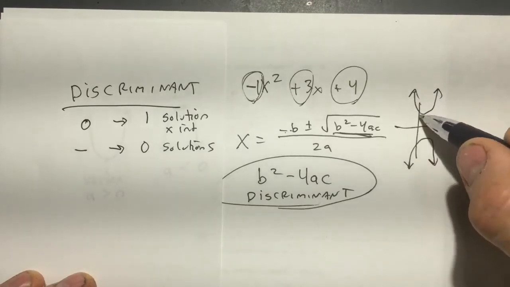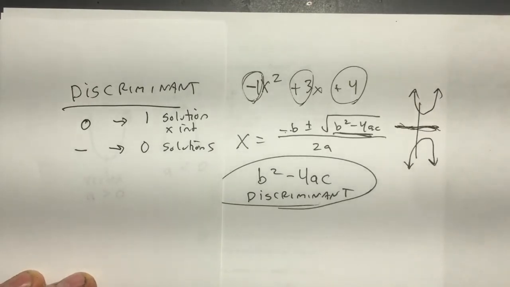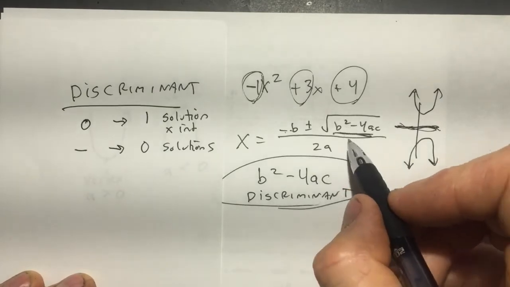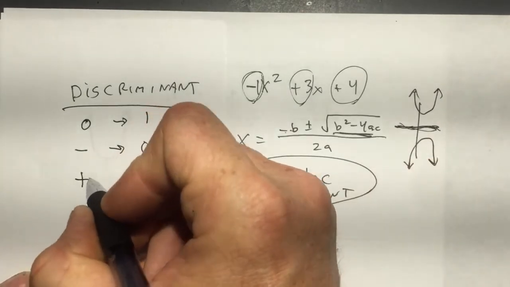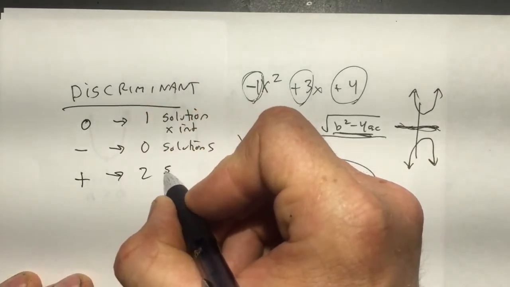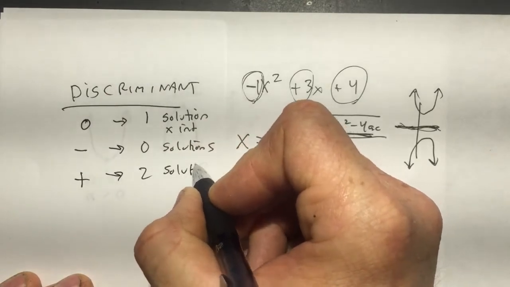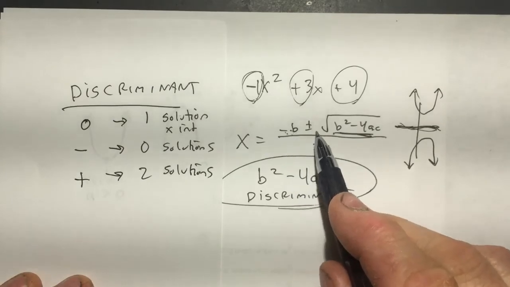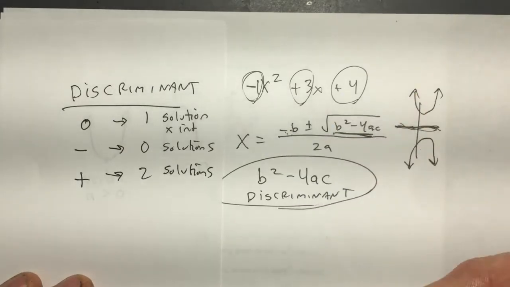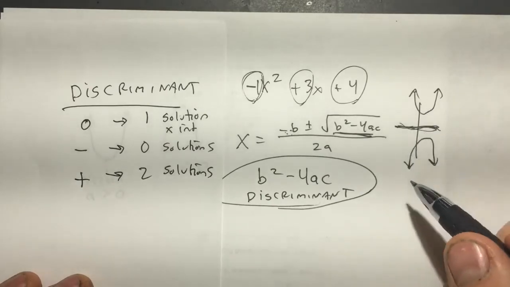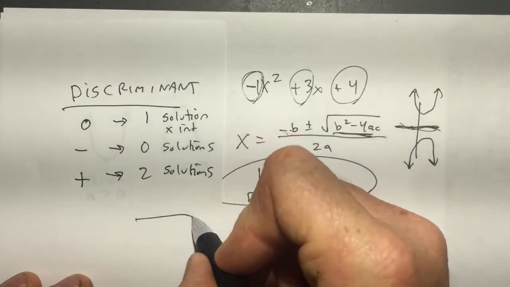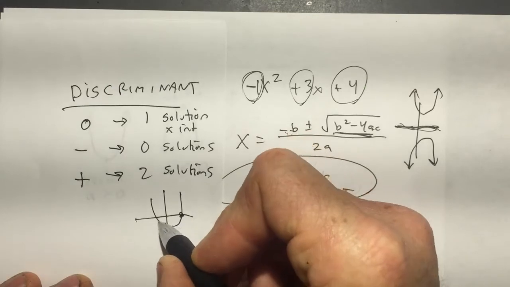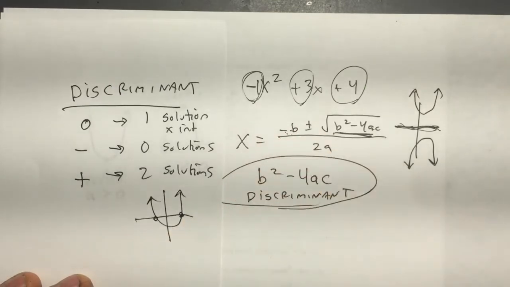Either way, it has no solutions. It does not cross the x-axis. But if this b squared minus 4ac is positive, that means you have 2 solutions. Because you have -b plus that number, and you got -b minus that number, which gives you 2 different values, like we've done with the quadratic formula several times. So that means you have a parabola that's going to cross like this right here, and it has two solutions.